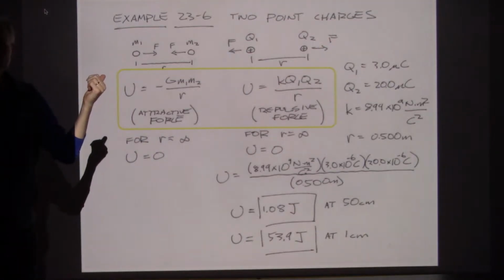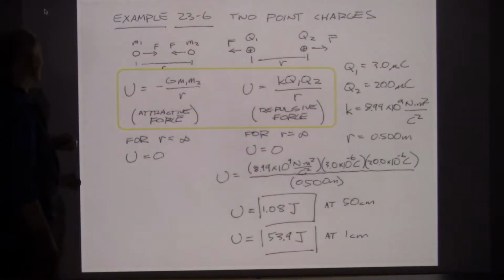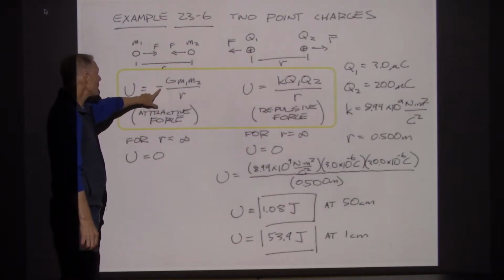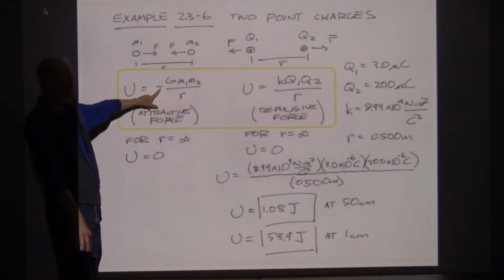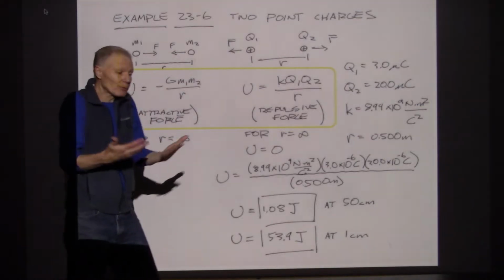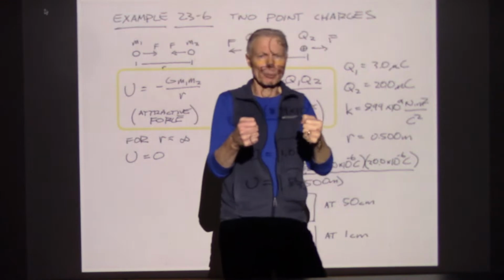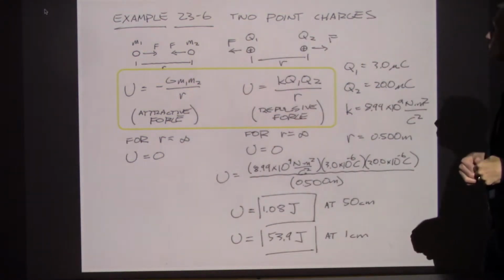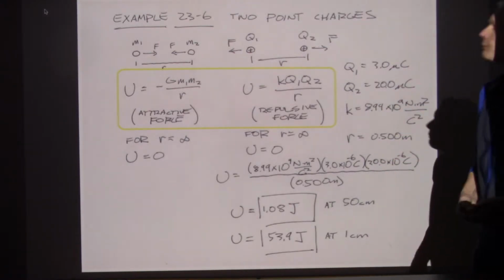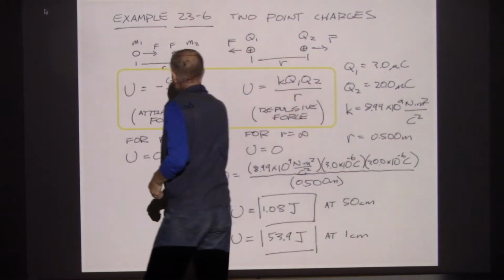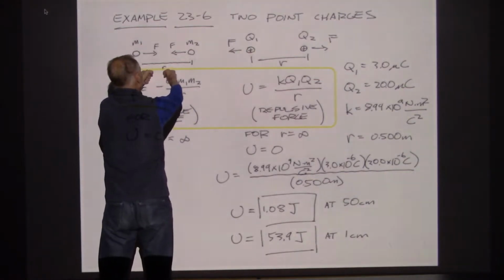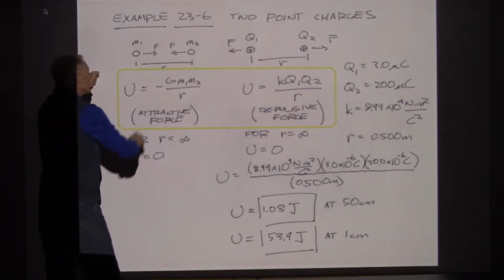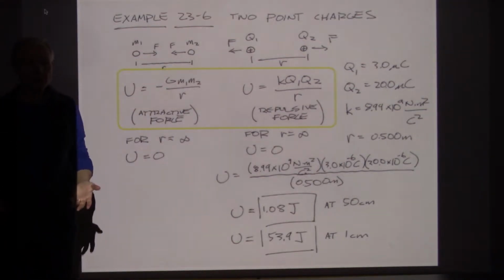Now I put the gravitational example in here just for a comparison. Gravity is an attractive force, and that means that there's a minus sign here. That means I don't have to put energy in to bring two objects close together gravitationally. Gravitationally, the potential energy goes negative. So in this example, where the force is attractive, I actually have to do work to pull them apart. That minus sign is reminding us that we're kind of in an energy debt.